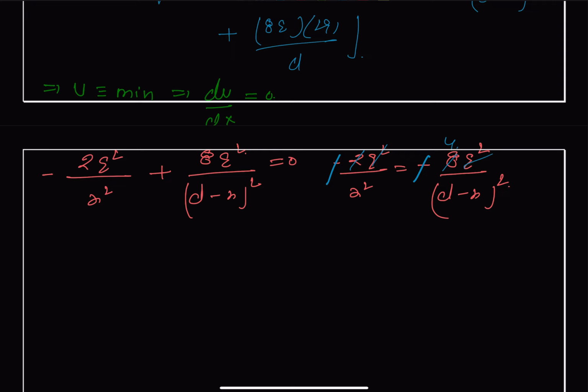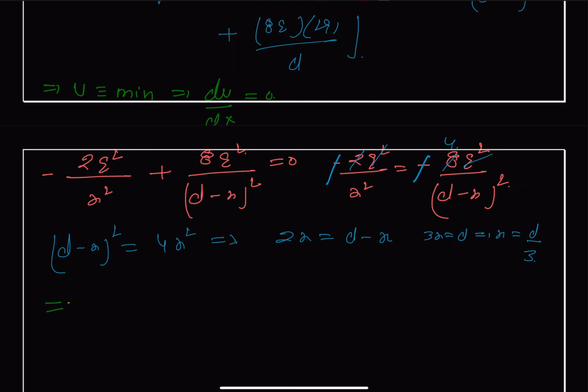So from here we get that D minus x whole square should be equal to 4 times x square, or we can say that 2x should be equal to D minus x, and 3x should be equal to D, or x is equal to D by 3, and D is given to us as 9.